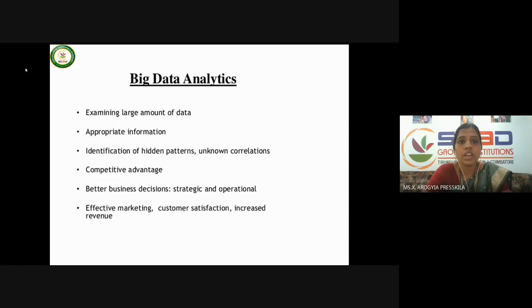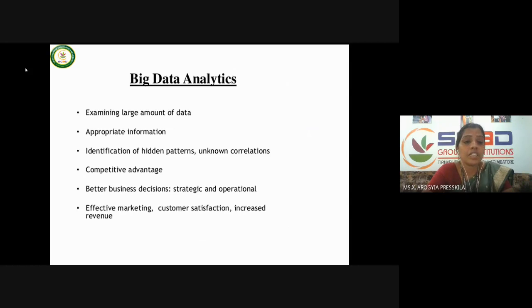The same thing in big data: so much data is available, so whatever you need, you can analyze by examining all the large amount of data. From this you can predict what we need, and predict the appropriate information. Then you can identify hidden patterns and unknown correlations.